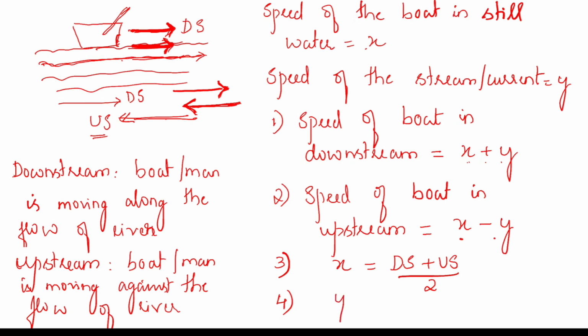The speed of the current is indicated by y, and y is given by downstream speed minus upstream speed divided by 2.